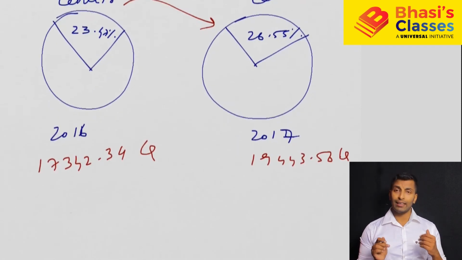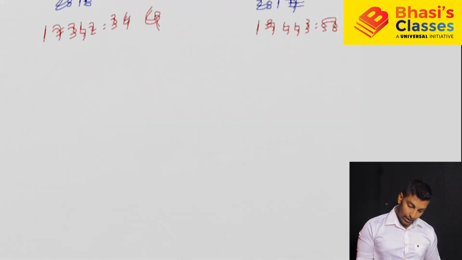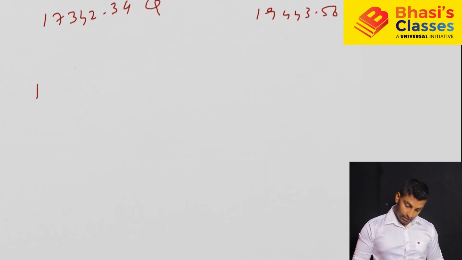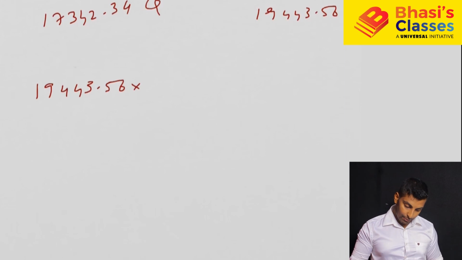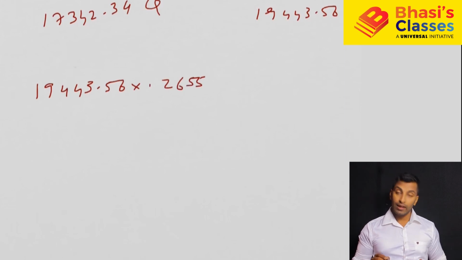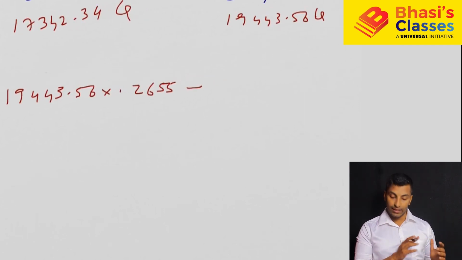So how will you get the share of Celerio in the total revenue? It is given 23.47, right? So here 26.55. So we need to calculate 19443.56 into 26.55 divided by 100. So I can write it as 0.2655. That's in the year 2017. Minus, because we need to find the change, right? Now let's write 2016.